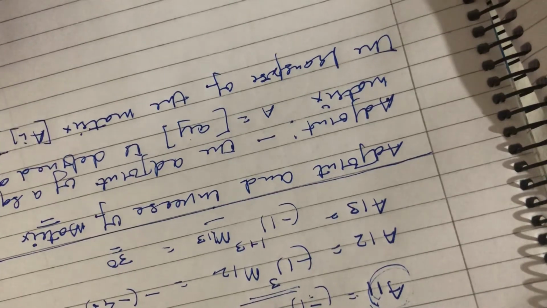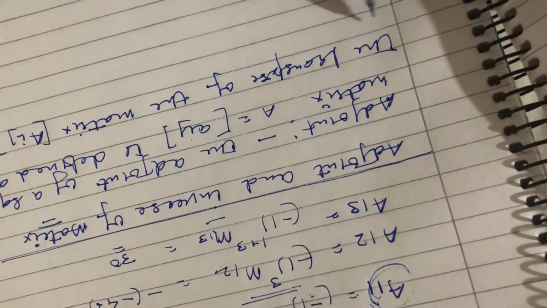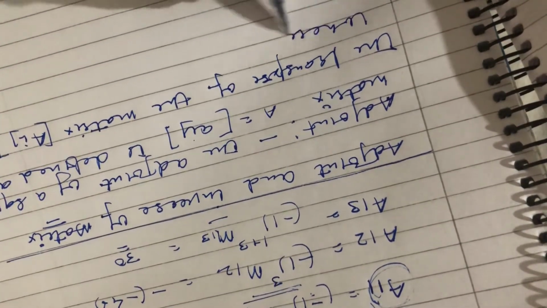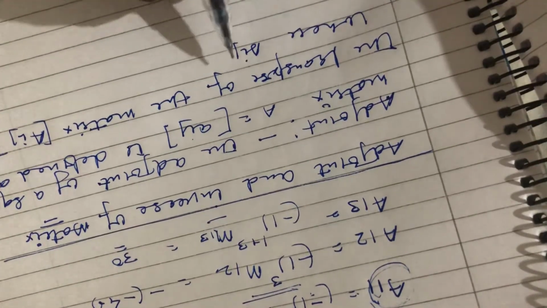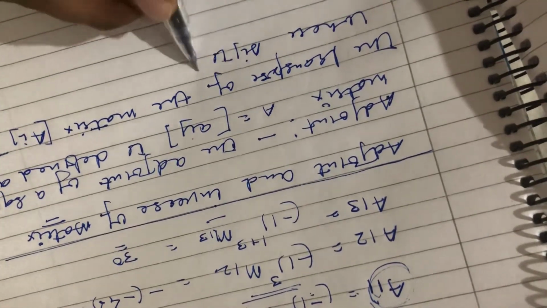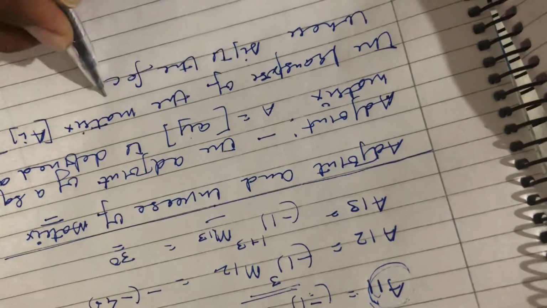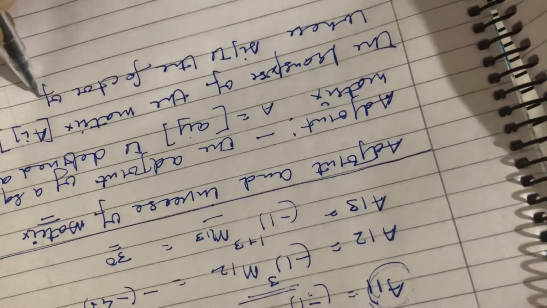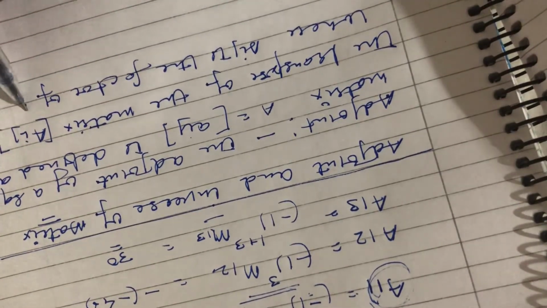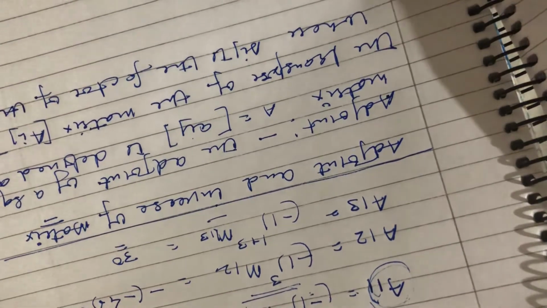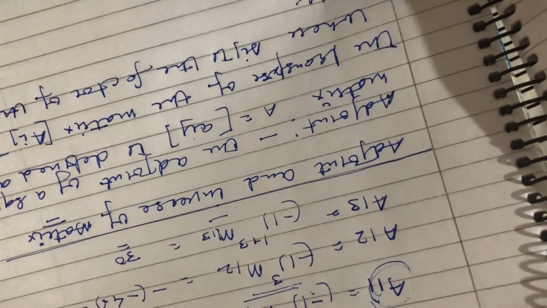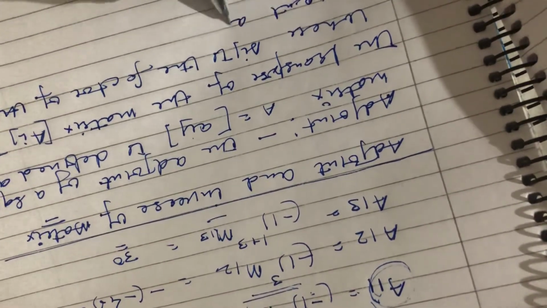Here the matrix is n into n, where Aij is the cofactor of the element aij.